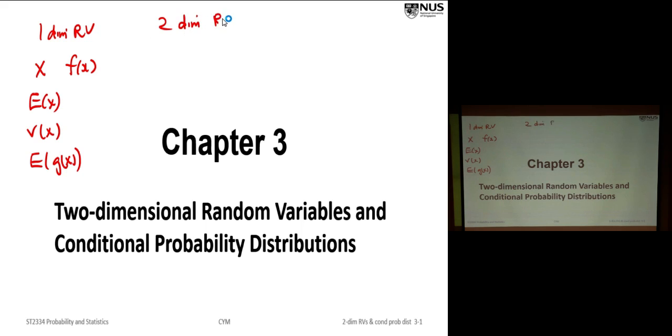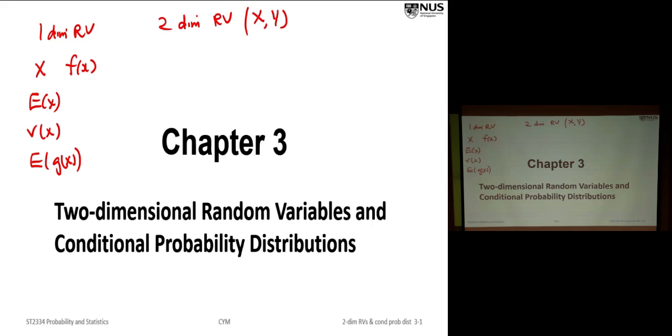For a 2-dimensional random variable, we talk about x and y. That means for each individual unit or experimental outcome, there are two characteristics for the same individual. A simple example is height and weight for an individual. Instead of just looking at weight as 1 random variable, now we look at weight and height together.